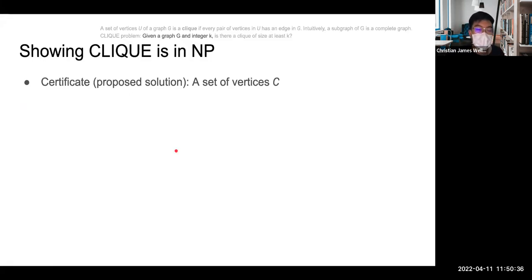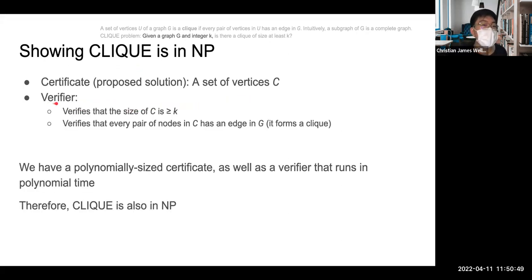Showing that CLIQUE is in NP, fortunately, isn't that difficult. All you need is a certificate. You propose a solution: you give me the set of vertices. Then the verifier checks two things. First, it checks that the size of C is greater than or equal to K, because we want the clique size to be at least K. Second, it verifies that every pair of nodes has an edge in G, so it actually forms a clique.